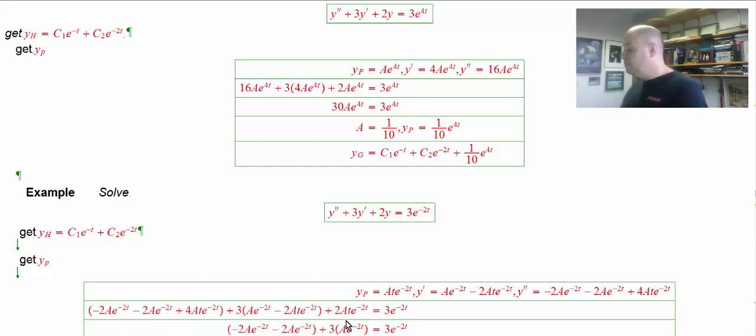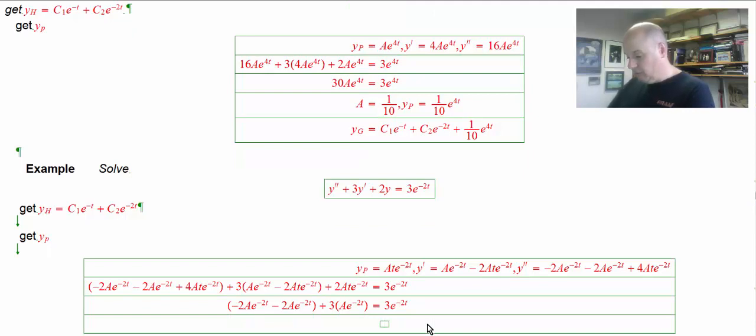Now I get minus 4a plus 3a, that's minus a. So I get minus a e to the minus 2t is equal to 3 e to the minus 2t. So a's got to be minus 3.